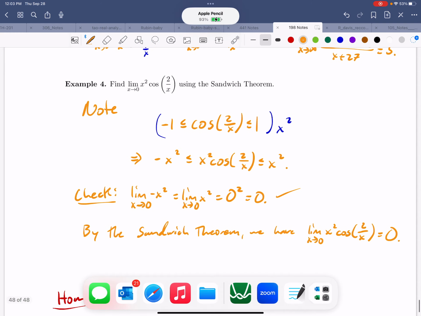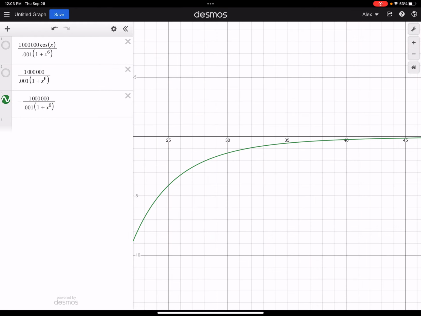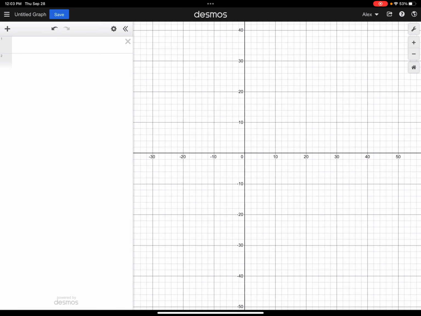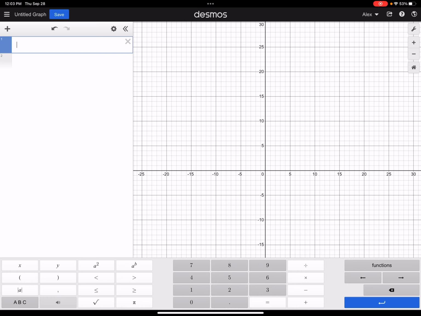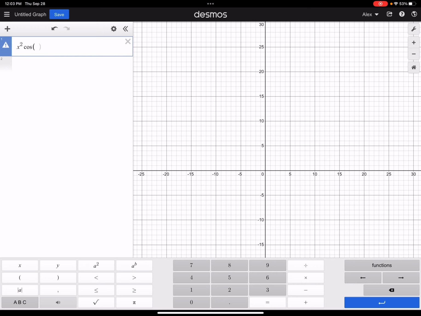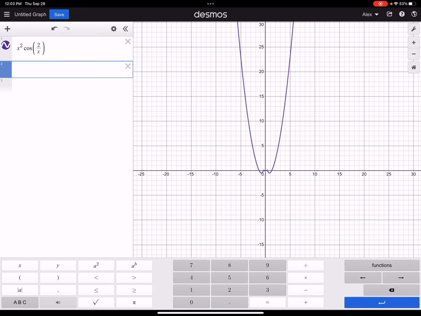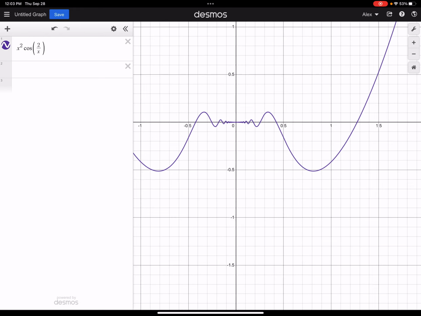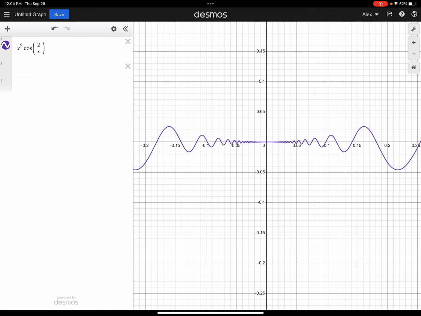And just to show where we were going with this, let's quickly graph this, because I think this will be a nicer graph. So we have x squared times cosine of 2 over x. You notice that when we get close to 0, stuff gets a little funky there.